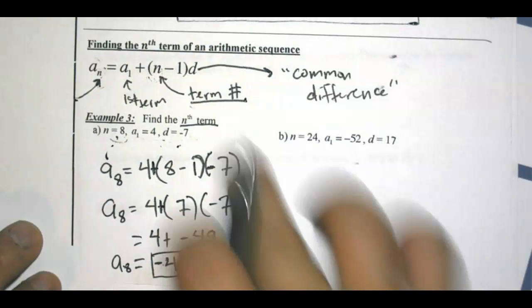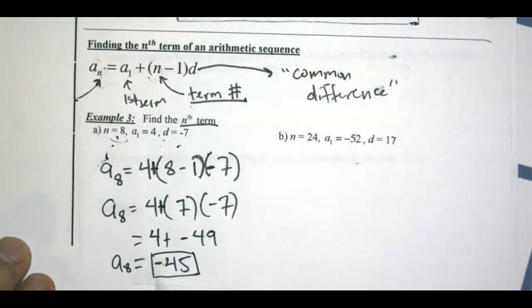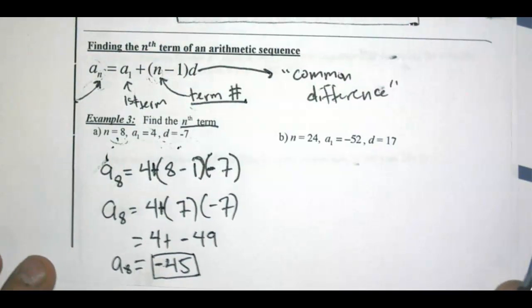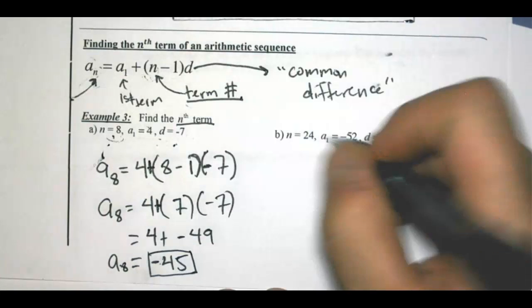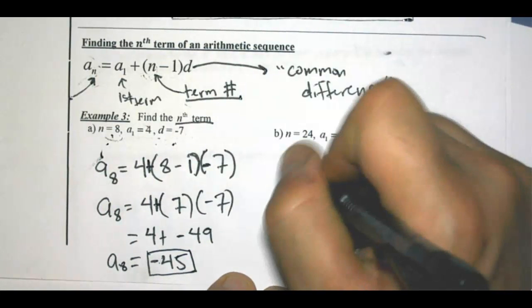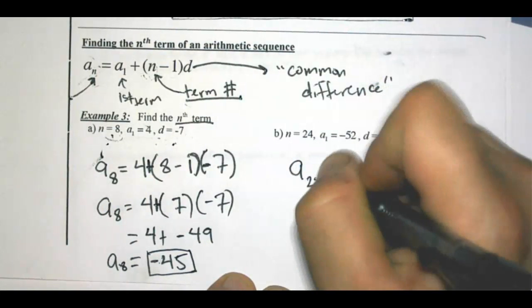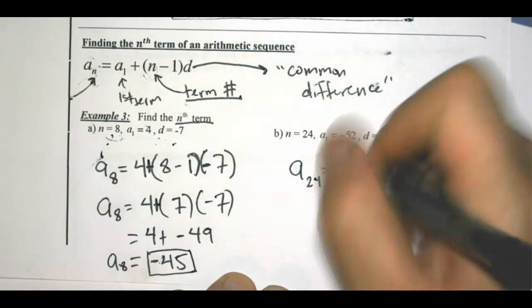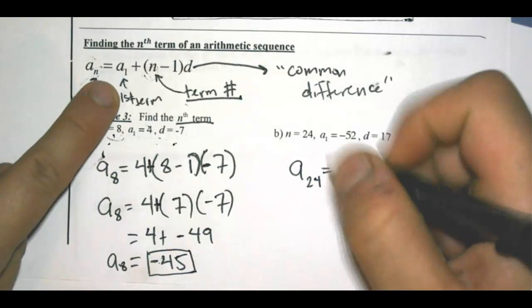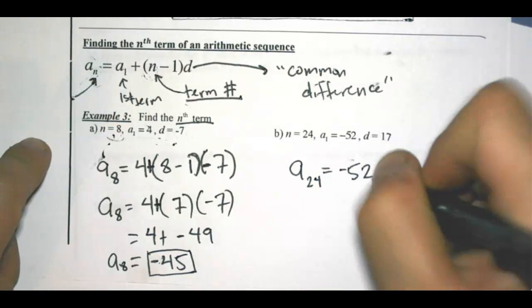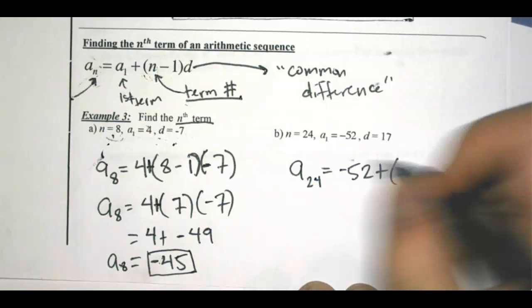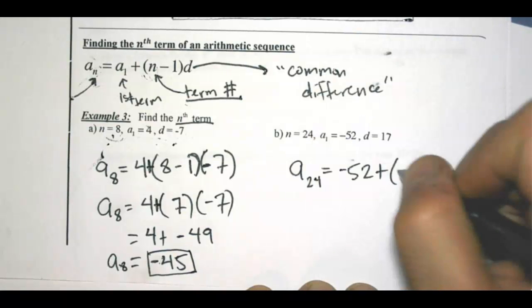But this is a way to get the 8th term or any number term. Use the formula without having to add or subtract a certain number of times. So here, I want the 24th term. It says n is 24 right there. Again, following my formula, a sub 1 would be the first thing I plug in: negative 52 plus, don't forget the plus sign like I did last time, n minus 1 is going to be 24.